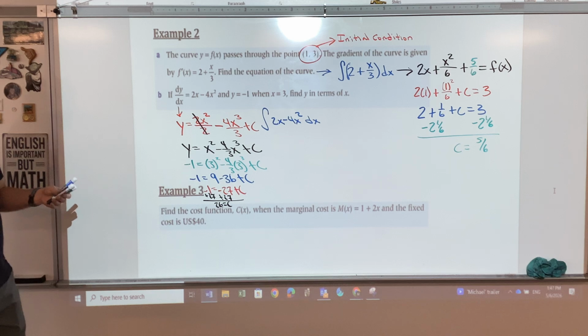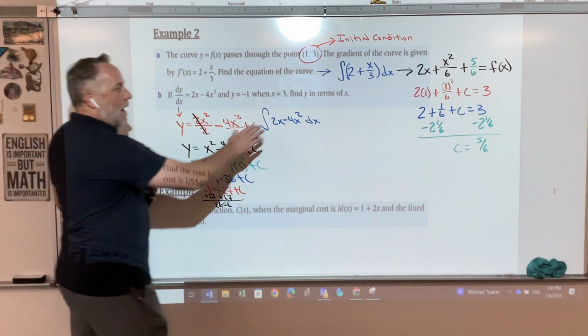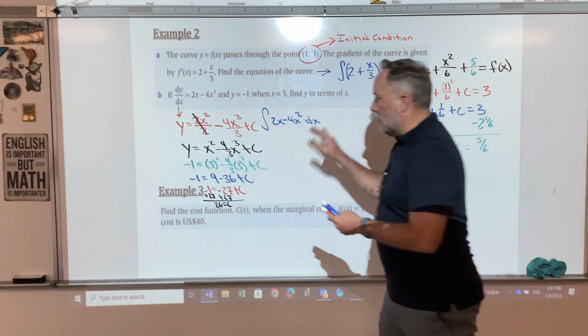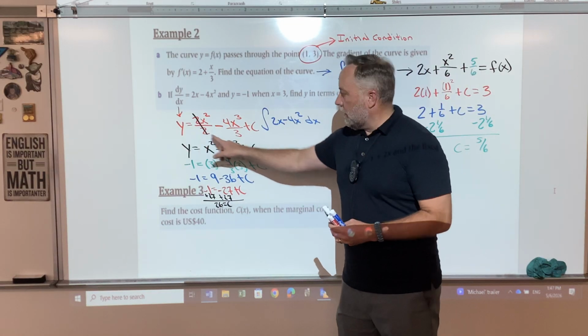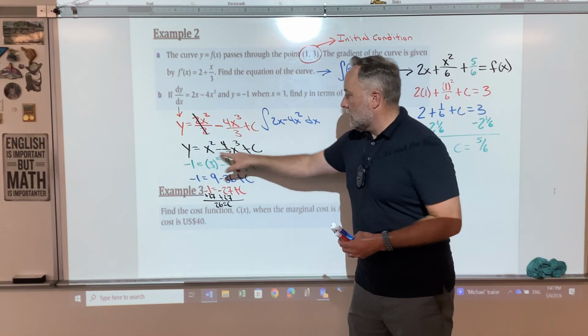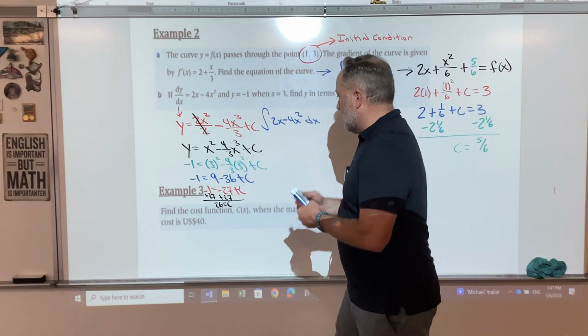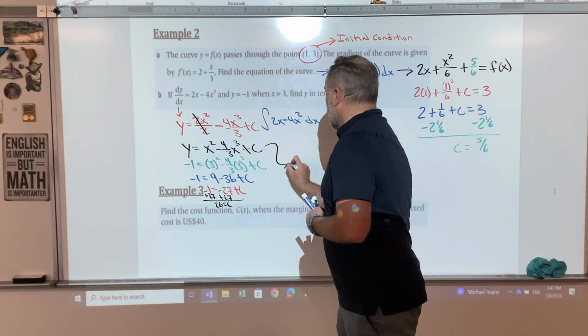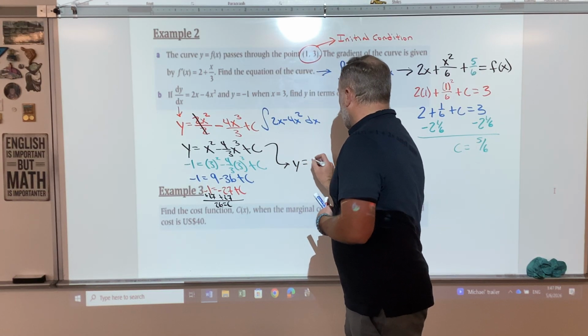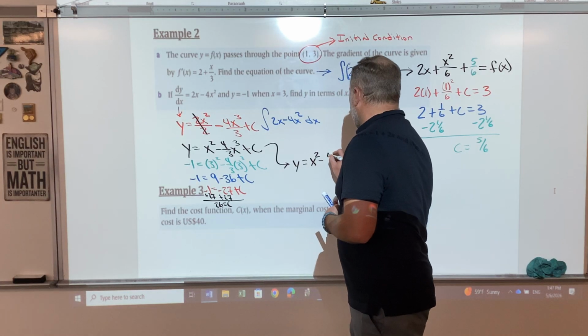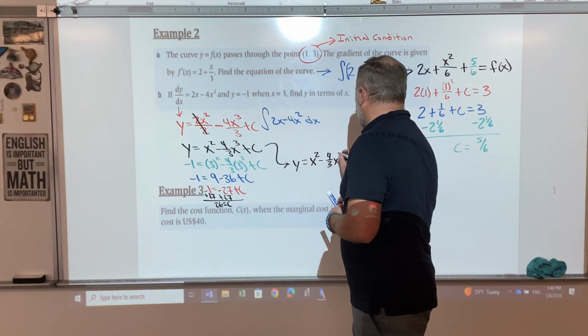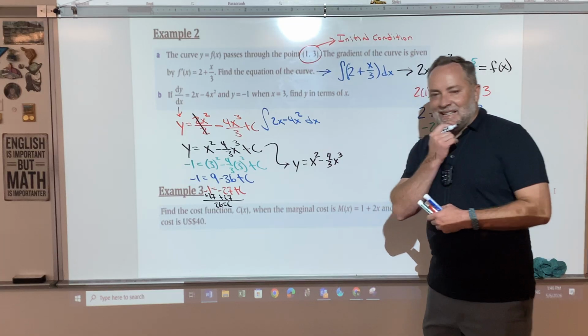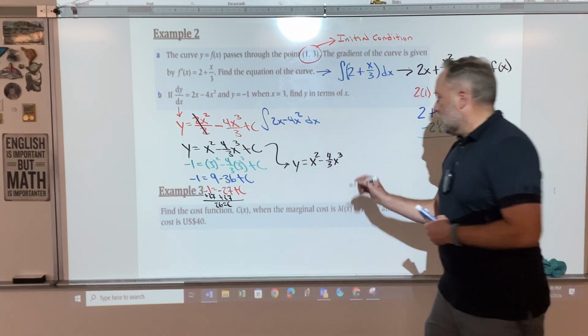So if I put all of that together, it says find y in terms of x. So we want an equation for y. We basically have it right here. Well, actually this one that's written in black, we just want to put C in. So I'll take it from here, and say y is equal to x squared minus 4/3 x cubed plus 26.